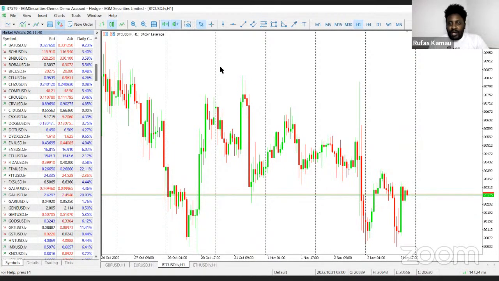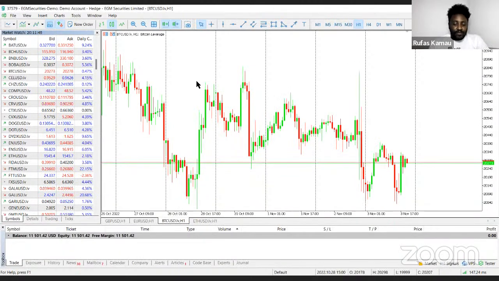So how do you actually execute a trade in Bitcoin, Ethereum, or these other cryptocurrencies? It becomes very important to learn how to do this. It's pretty simple. I'm going to do a very simple illustration. I'm hoping that everyone can see this. You head straight to the new order section. This is the Bitcoin chart.